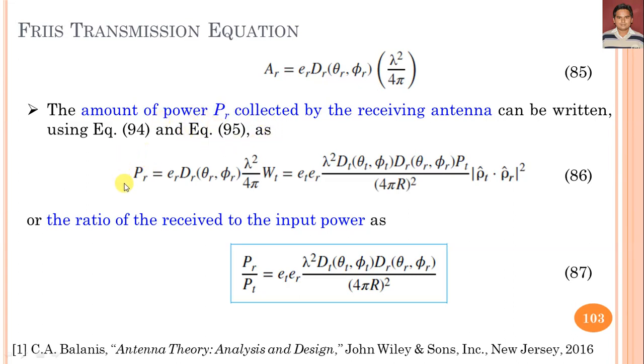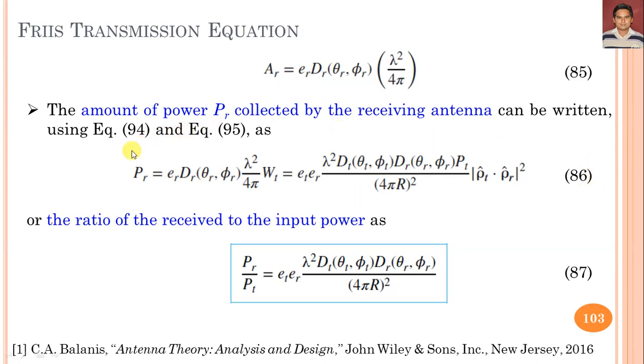So we can represent P_R equal to e_R D_R, and when we multiply, we get the expression of received power including the polarization loss factor, transmitting power, receiver directivity, transmitting directivity, lambda square upon 4 pi R, where R is the distance, and e_T into e_R.